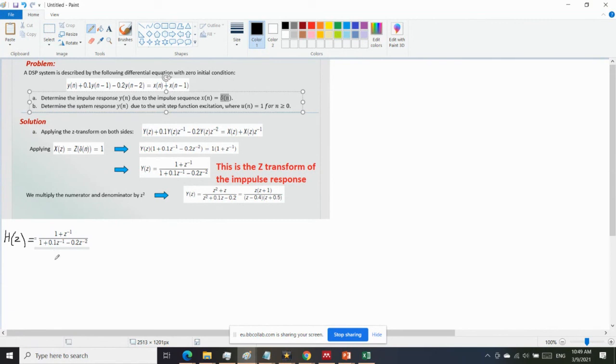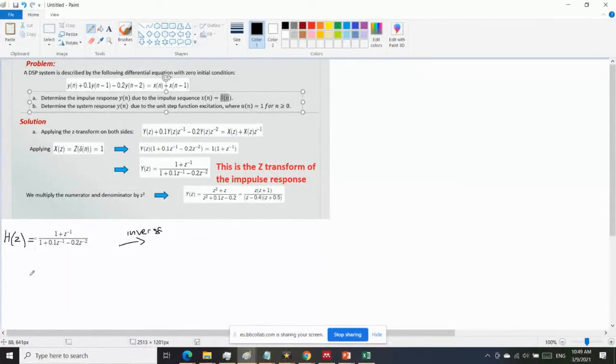So we want to do the inverse. Okay, so the inverse: first we find the poles at the bottom. First we get rid of z to the power minus 2, and that's what we did here.